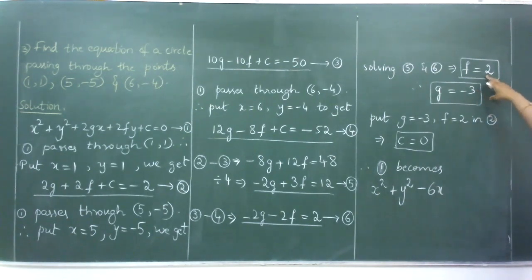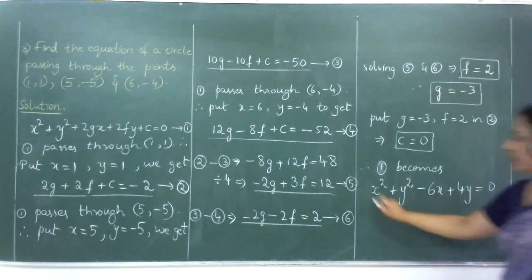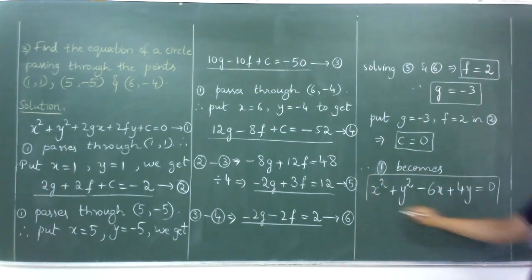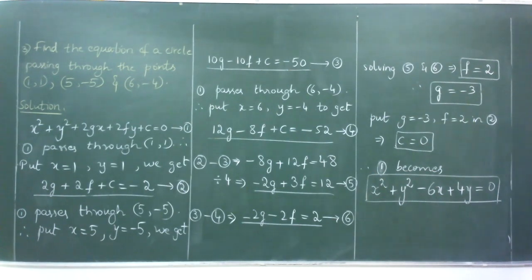You are taking the value for F is equal to 2, so 2 into 2 will give me 4y, with C equal to 0. So you have the final answer as x squared plus y squared minus 6x plus 4y equal to 0.